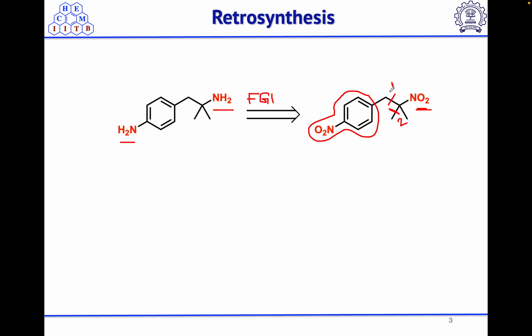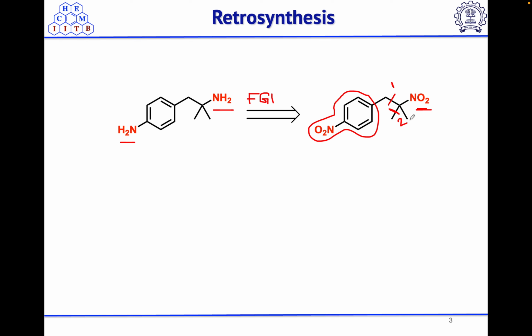If you are thinking about this approach one, we will break this C-C bond and we will have an electrophile at this carbon, and the nucleophile we can easily generate by treating this fragment with base, right? And for the second fragment, we need methyl iodide as the electrophilic reagent, and this nitrogen.